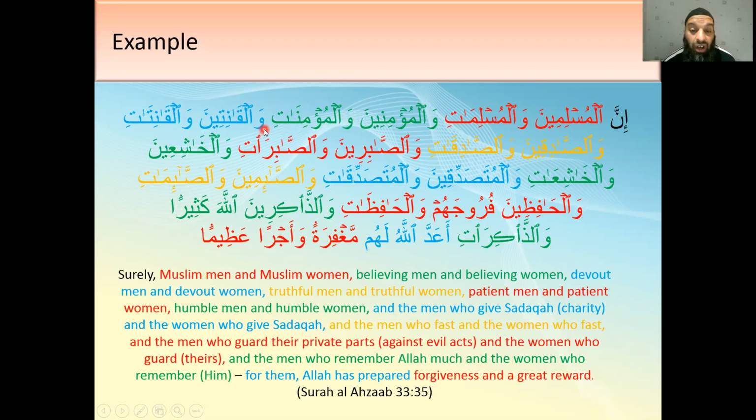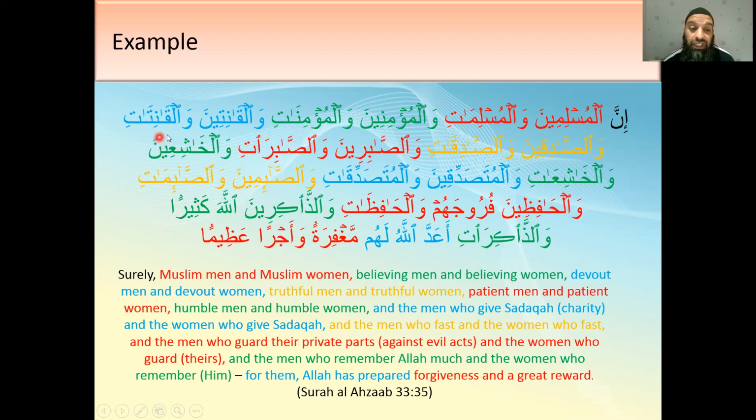Wal qanitina, the devout men, wal qanitati, and the devout women, was sadiqina, and the truthful men, was sadiqati, and the truthful women. See, ati is used. It's not atin because you've got the alif there, so the ending changes to single. Was sabirina, and the patient men, was sabirati, and the patient women.